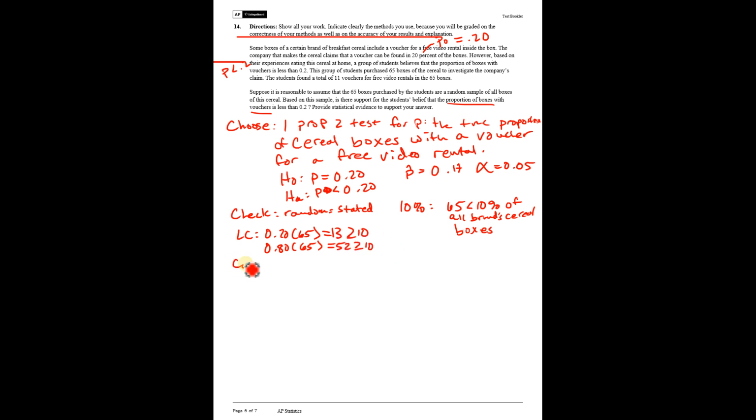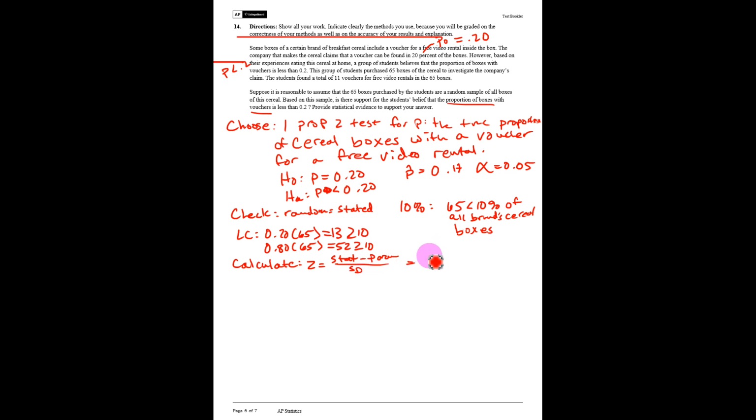All right, calculate. Z is stat minus parameter over standard deviation.